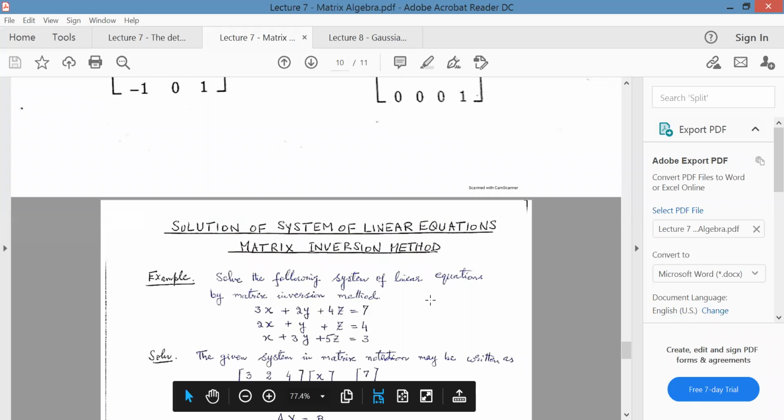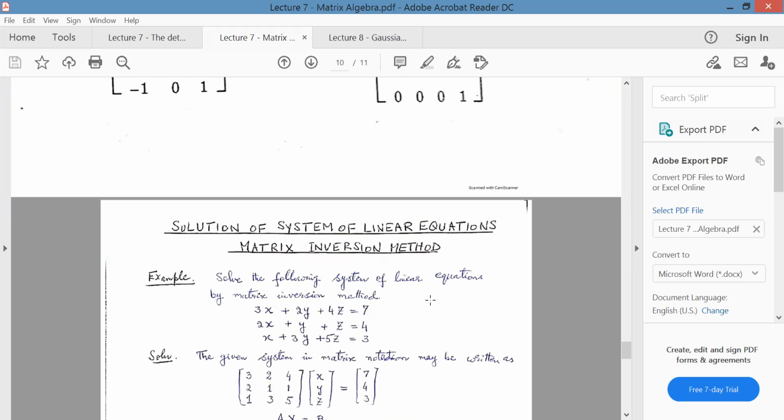3 times x, x is 2, 6 हो गया. Plus 2 times कितना आंसर, minus 1 by 2, and plus 4 by z, z value is plus 1 by 2. चेक करके बताएं आंसर आपका वेरीफाई हो रहा है या नहीं.